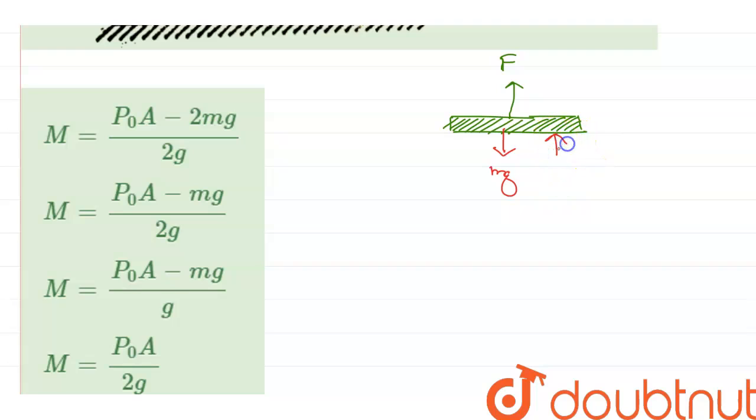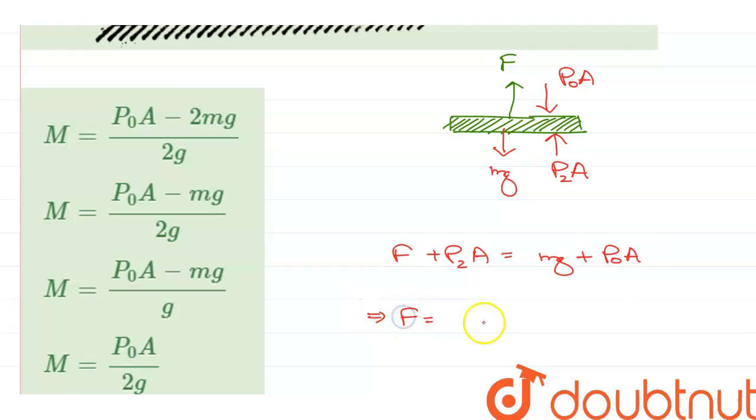There will be the force from the gas pressure P2, and there will be atmospheric pressure P naught times A. Sorry, we are counting forces, so P2 times A and P naught A. So F plus P2 times A should be equal to mg plus P naught times A, which means F is equal to mg plus P naught A minus P2A.